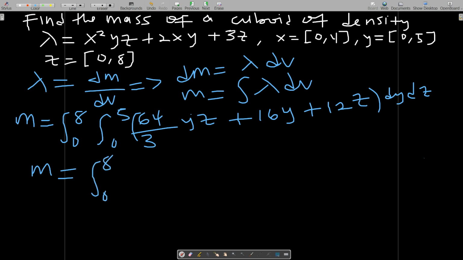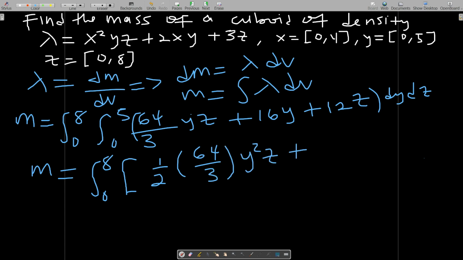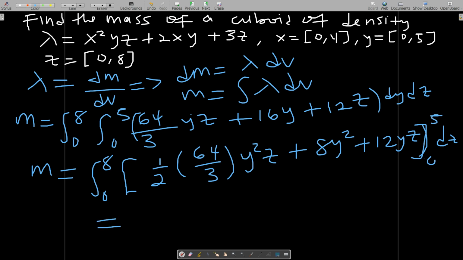With respect to y, we'll get something like this: 1/2 times 64 over 3, then y squared z, plus 16/2 is 8y squared, plus 12yz, dz. Now it's from 0 to 5.